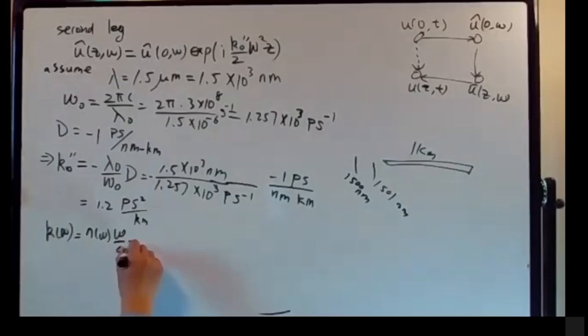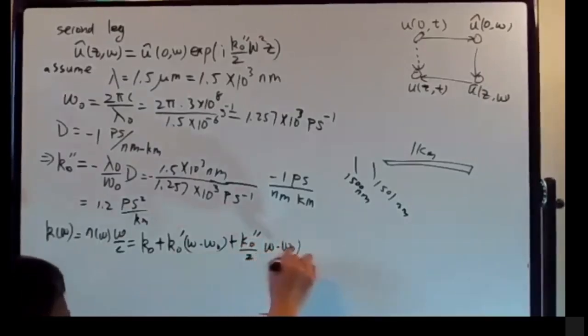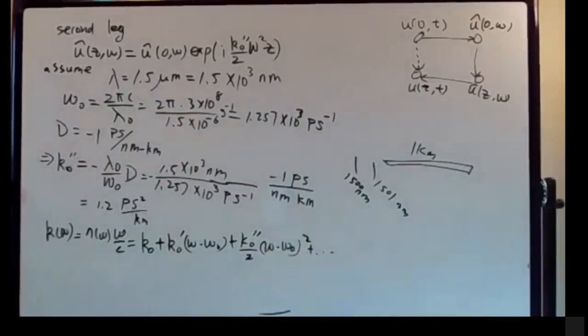We'll take a Taylor expansion: k naught double prime divided by 2 times omega minus omega naught squared, and then we add all the high order terms. So k is n as a function of omega over c. That's how you quantify the delay.